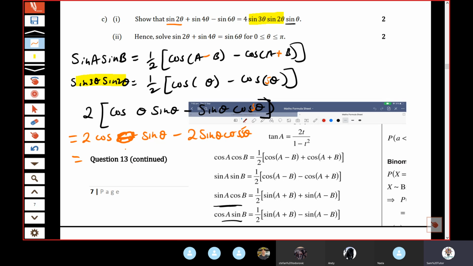But what about this bit here becomes 2 sine theta cos theta, which we already know becomes sine 2 theta. This guy here, minus 2 times half, sine cos. We're going to use this one. Sine theta plus 5 theta is 6 theta.